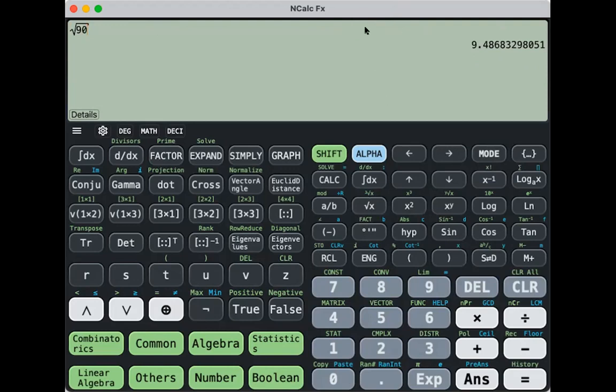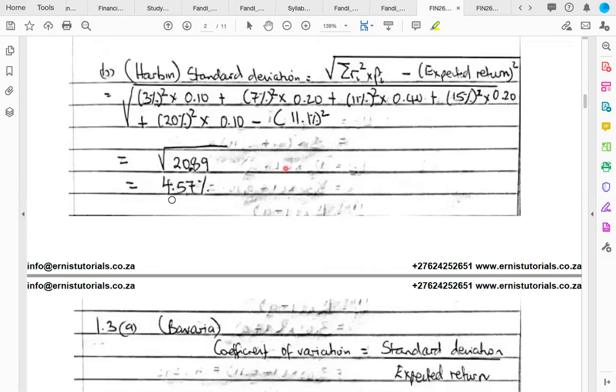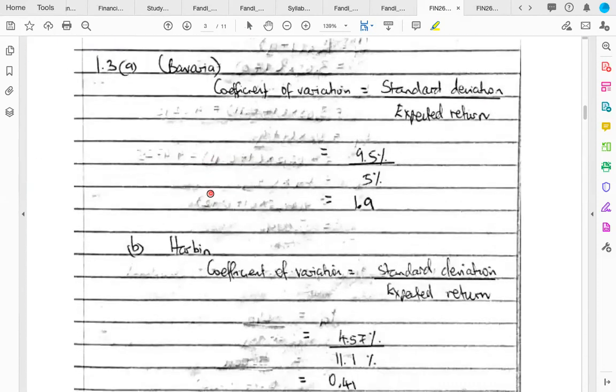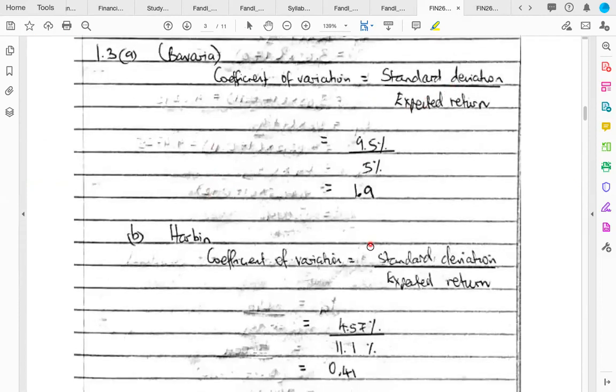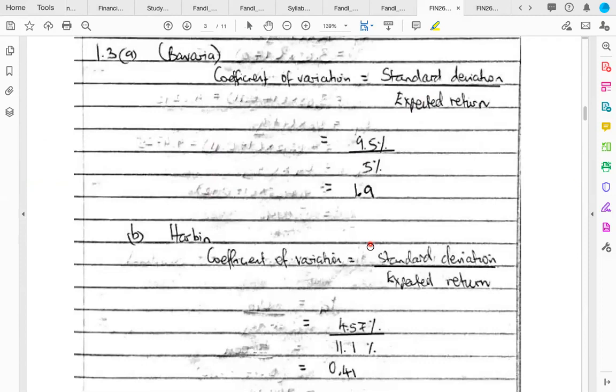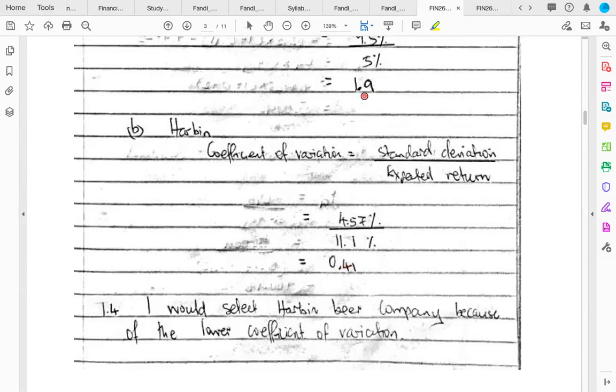So you repeat that for Harbin. You can also just repeat that for practice, and you should get 4.57. And then we can calculate the coefficient of variation for both Bavaria and Harbin, which is simply the standard deviation divided by the expected return for each of them.